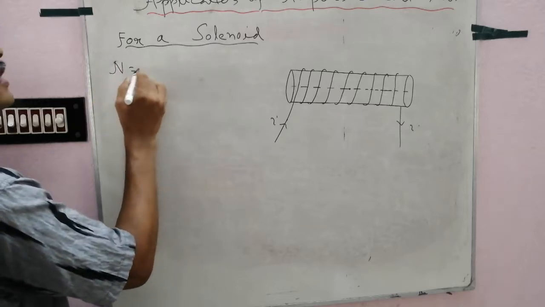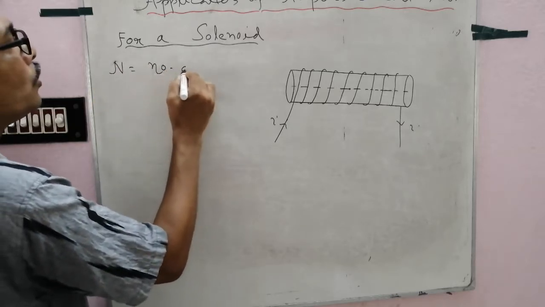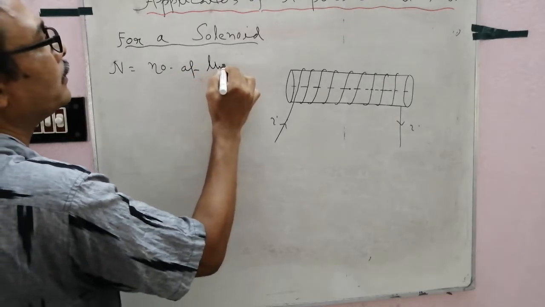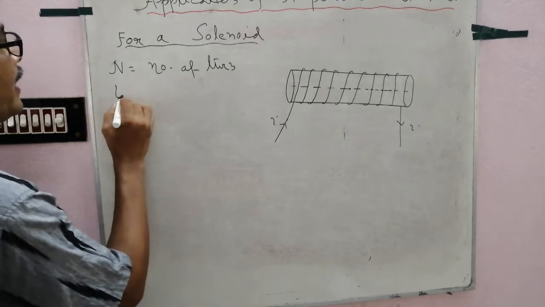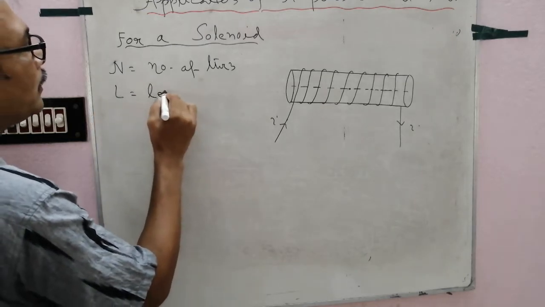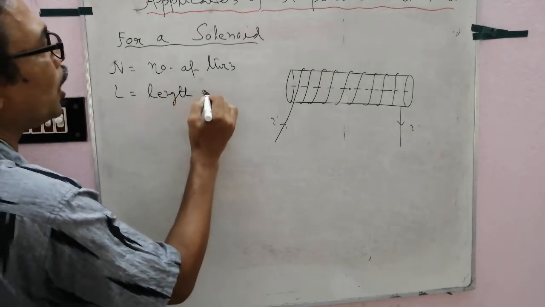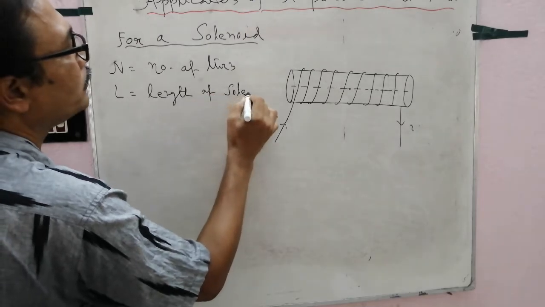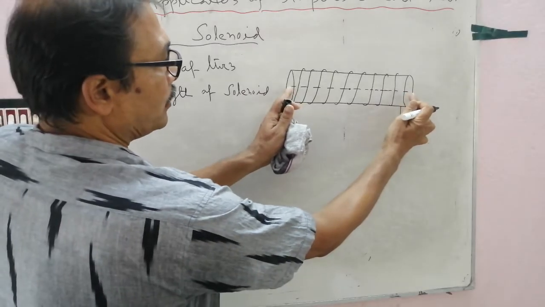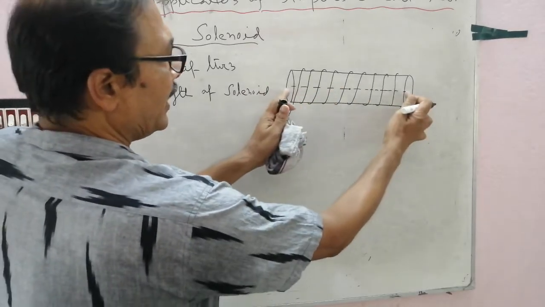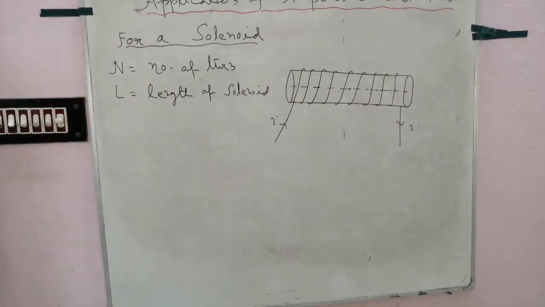Suppose total N equals number of turns, L is the length of the solenoid, that is the length of the axis, the length of the solenoid.